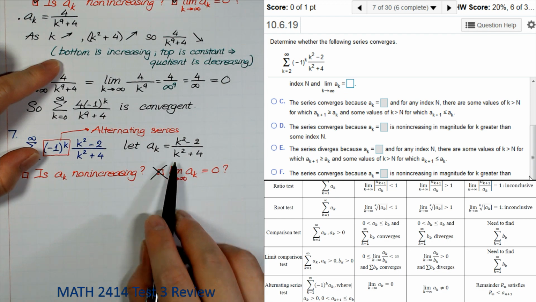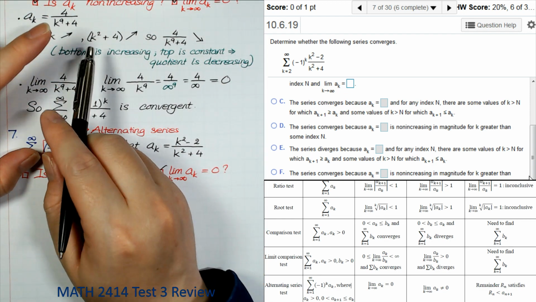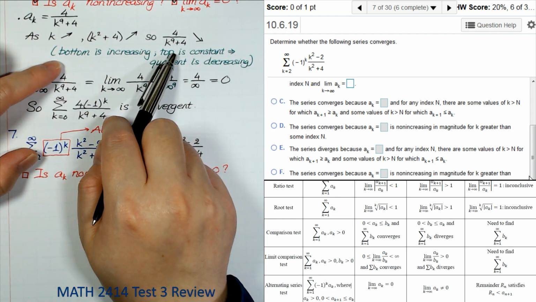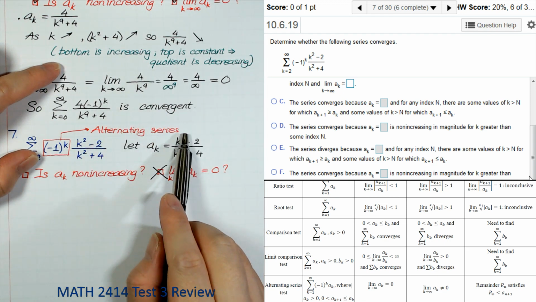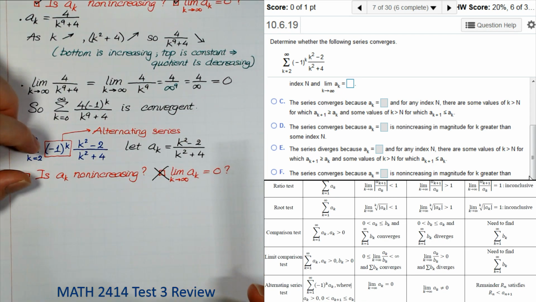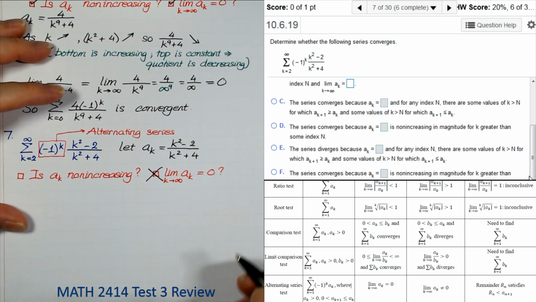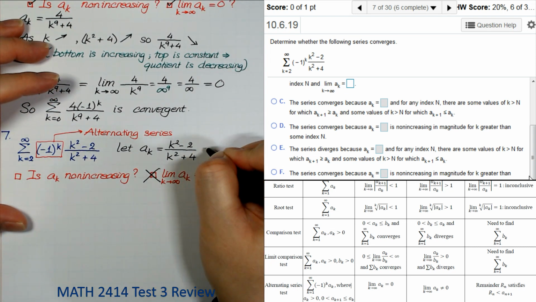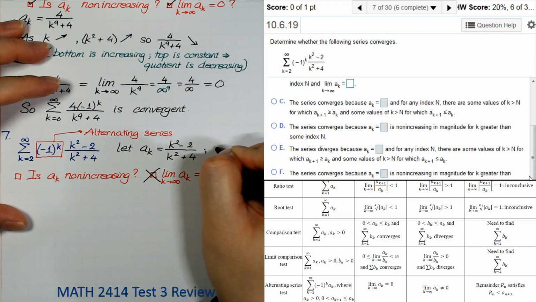If the bottom is increasing and the top is constant, it's easy to say. This one, both of them are increasing, so we cannot really tell. What we can do is let the function be something similar to that.